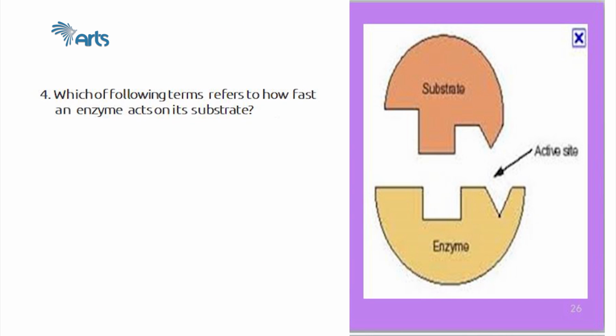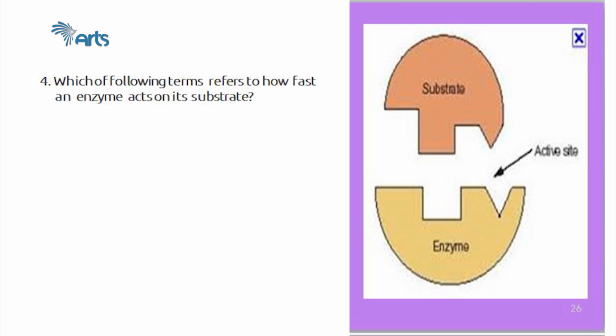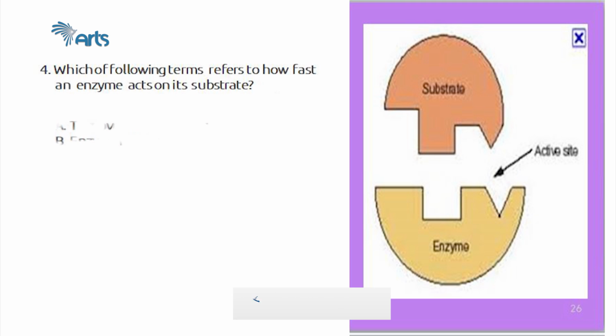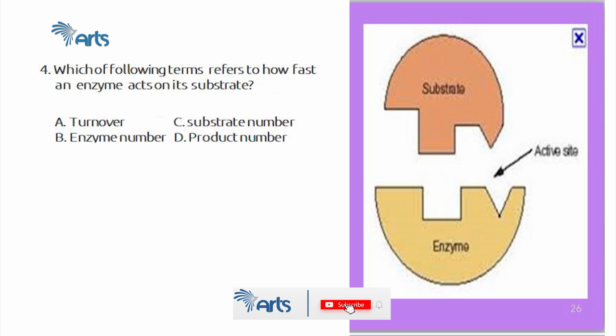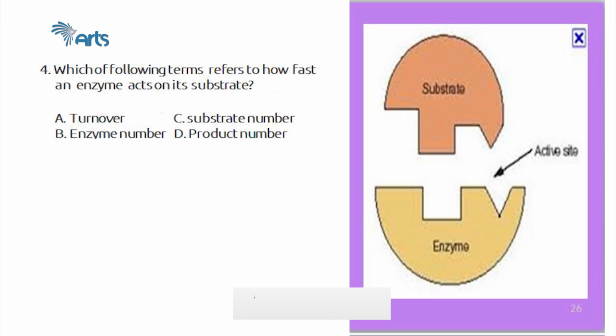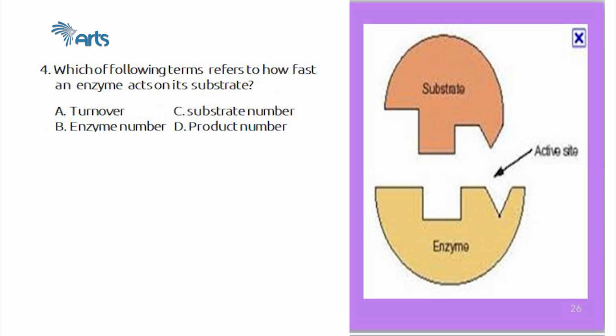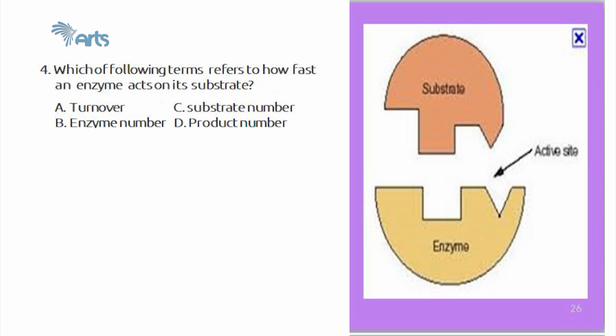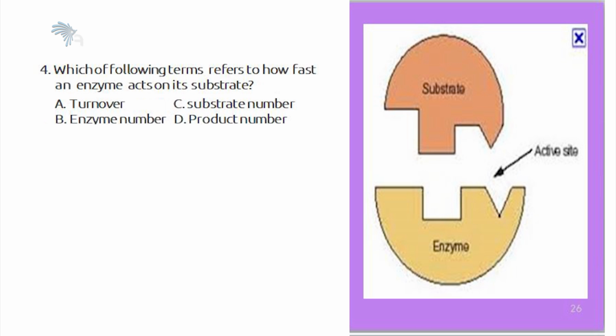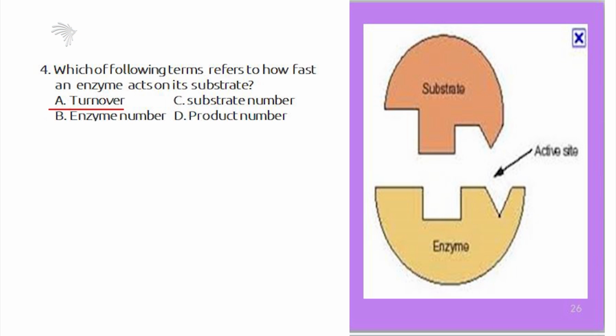Question number 4: Which of the following terms refers to how fast an enzyme acts on its substrate? A. Turnover, B. Enzyme number, C. Substrate number, D. Product number. The answer to this question is A, turnover. If you say A, you're correct.